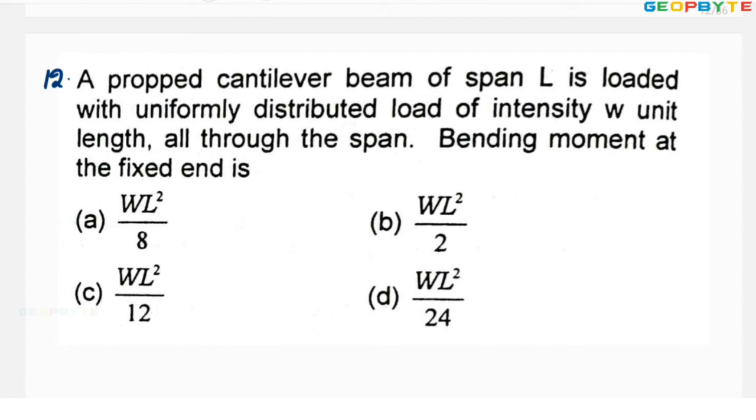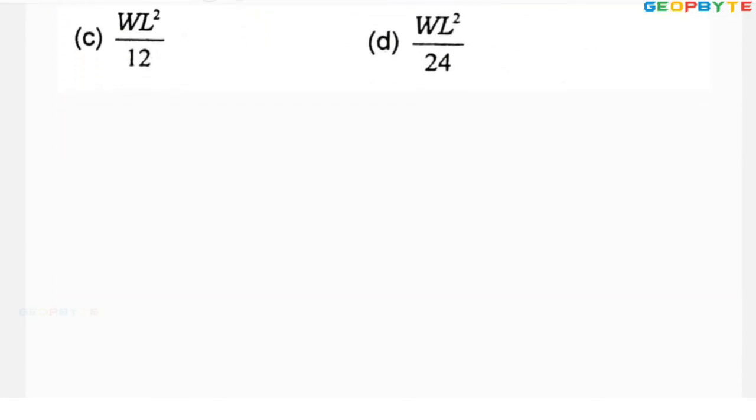A propped cantilever beam of span L is loaded with uniformly distributed load of intensity W per unit length. Okay, all through the span, that means throughout the span. Bending moment at the fixed end is, let me draw the propped cantilever beam.